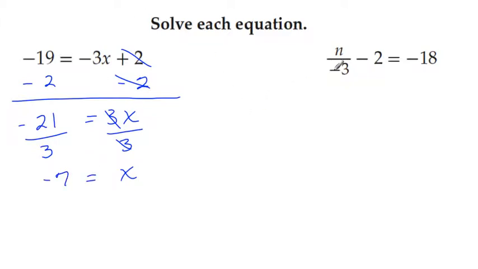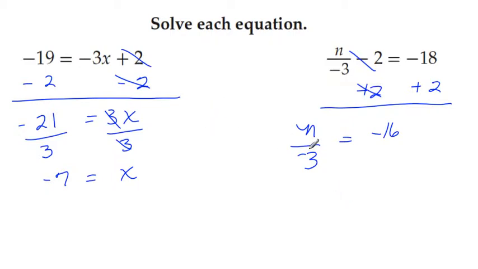How about on the right-hand side? We're going to add 2 to start off with to get rid of our constant. So we get n over negative 3. Our 2's are canceling, they're adding to 0, and then we have our equal sign. Negative 18 plus 2 is negative 16.